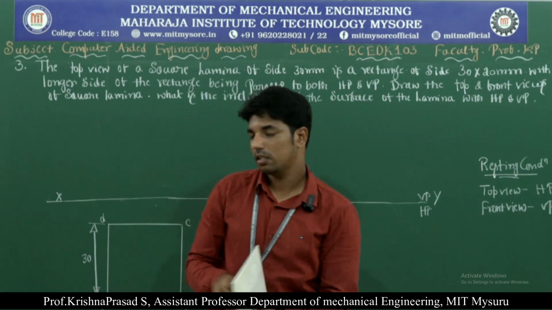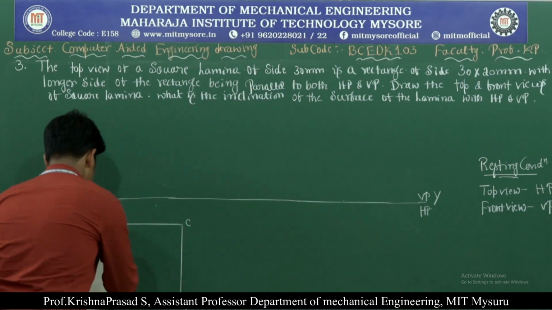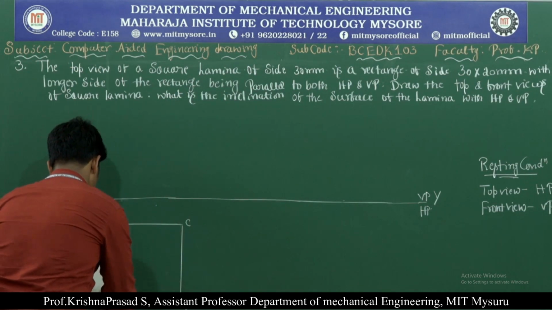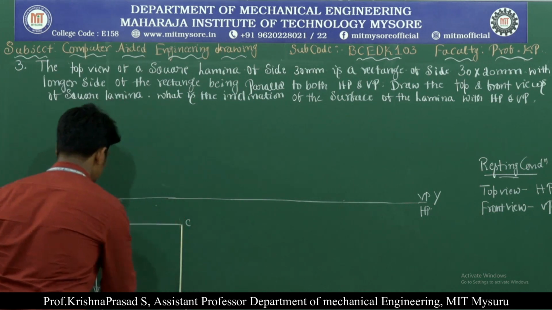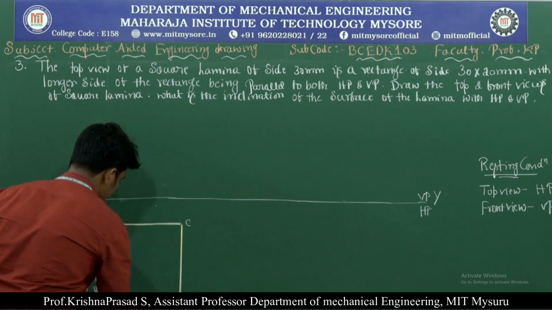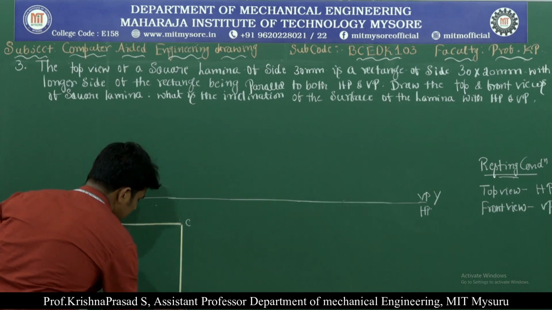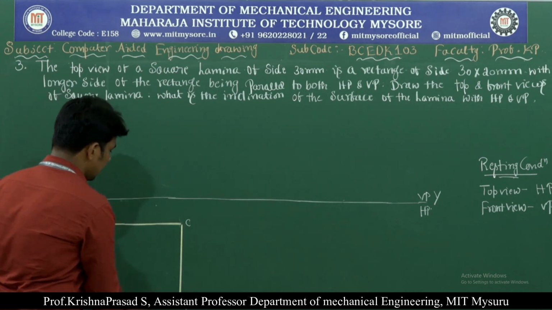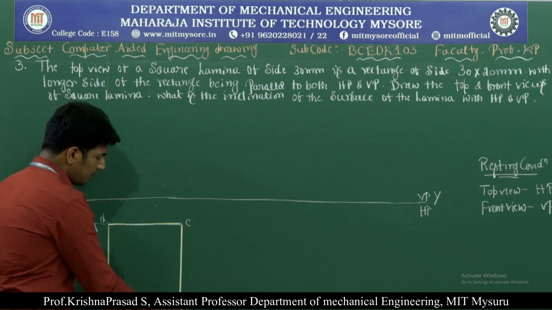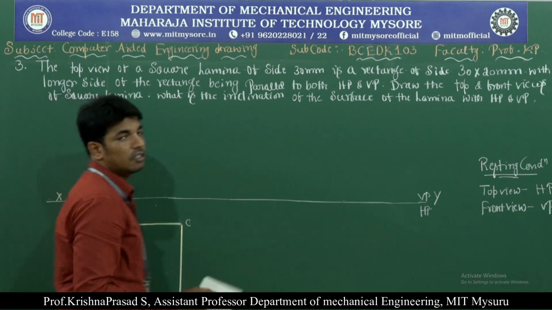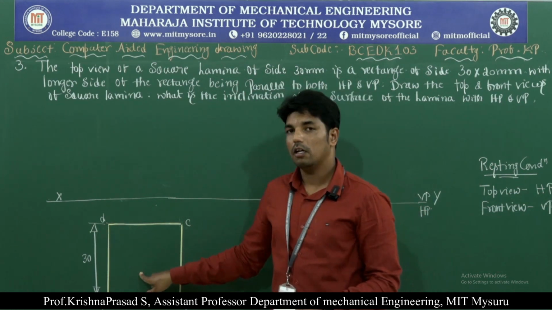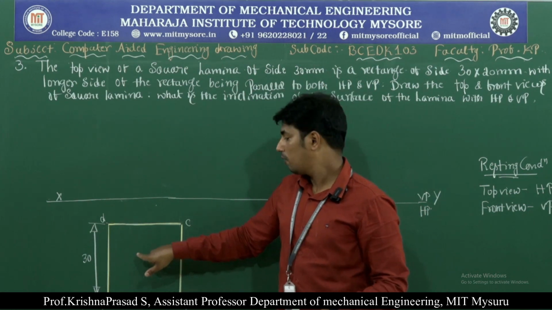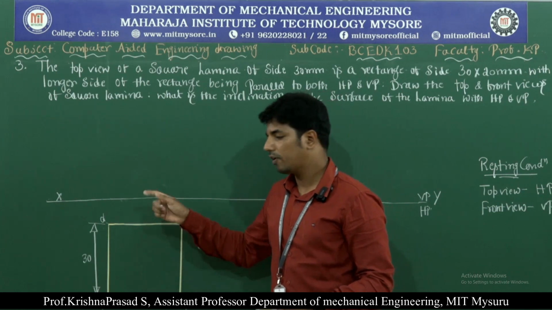Next, darken this for perfect views. So these are the four corners A, B, C, D along with the four sides AB, BC, CD and DA. Next, what we need to do? Project the lines from the top view to the front view.